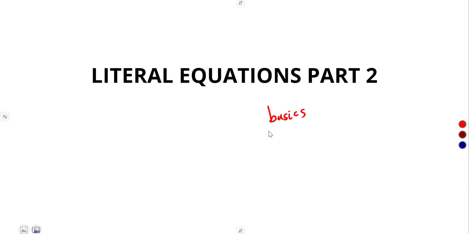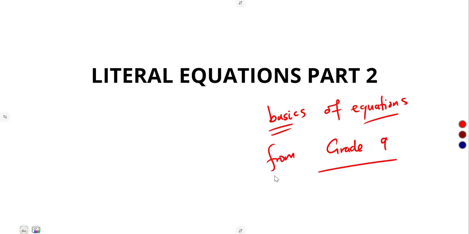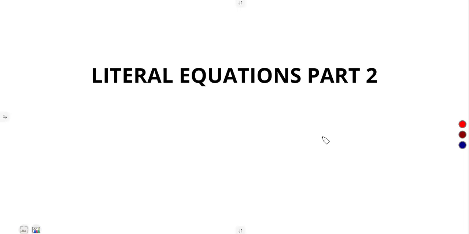You must understand the basics of equations from your grade 9, the basics you were working with: linear equations, where you also have brackets, fractions, different types of questions, solving for x, solving for any unknown that you're given.